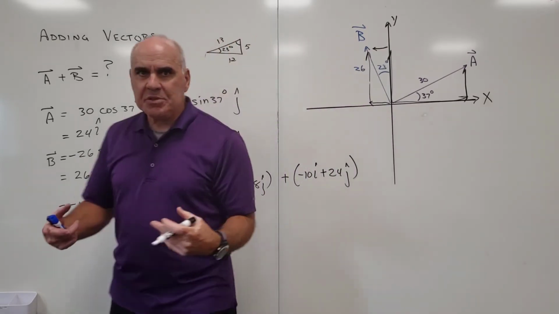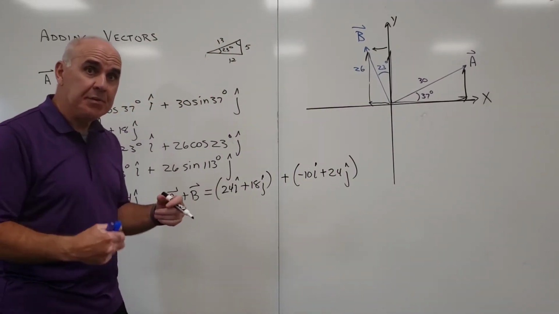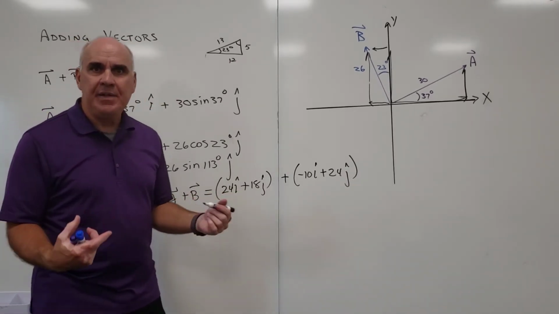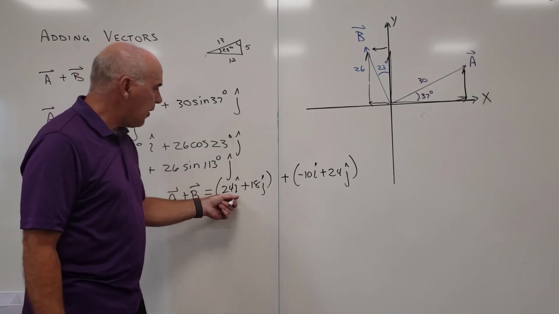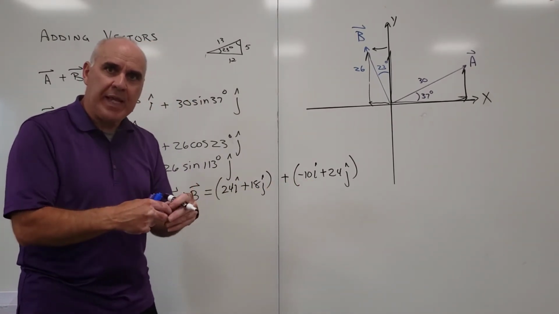And when I add numbers together like this, we were taught in algebra, you combine like terms. Well, you can think of the i's and j's like x's and y's or a's and b's. If this was 24a and negative 10a, you would combine those because they're both a's.